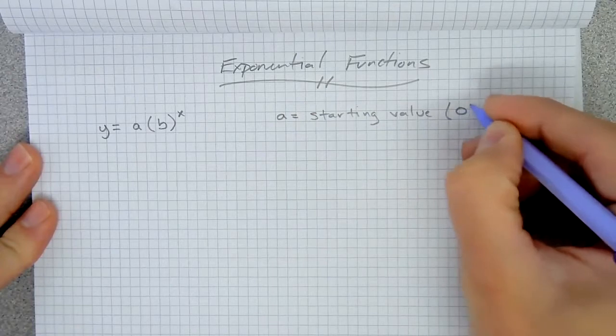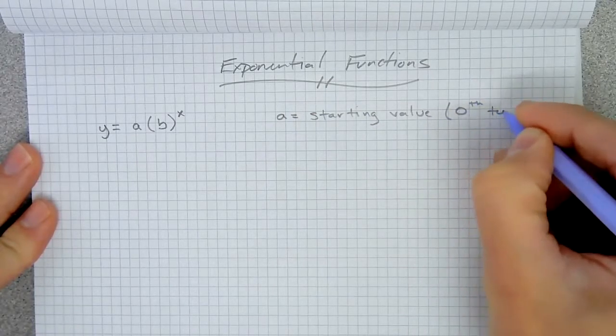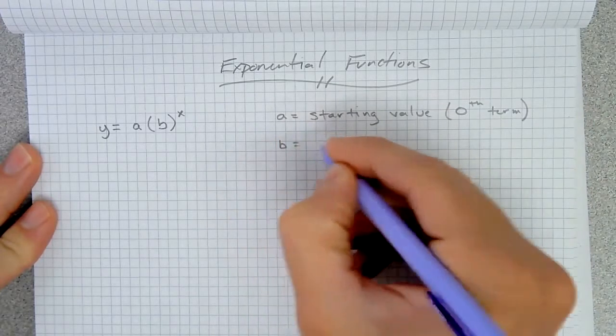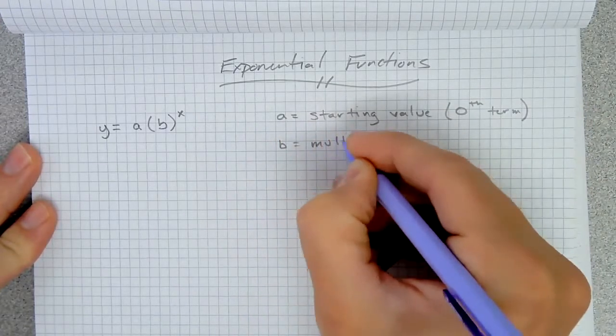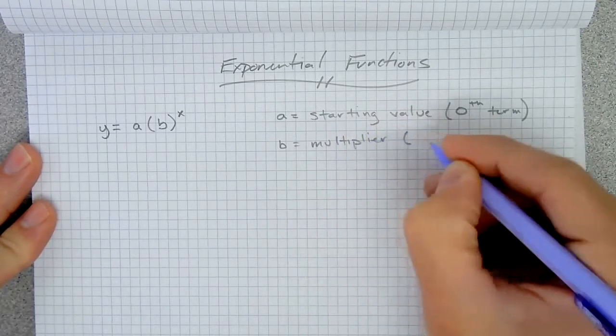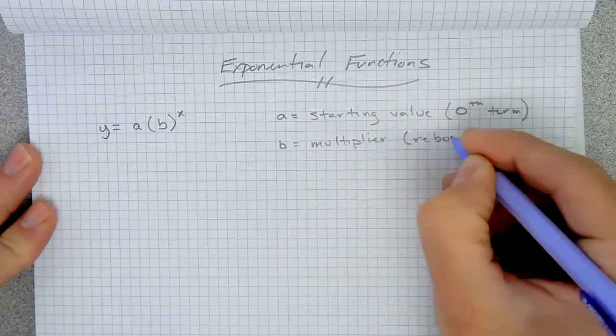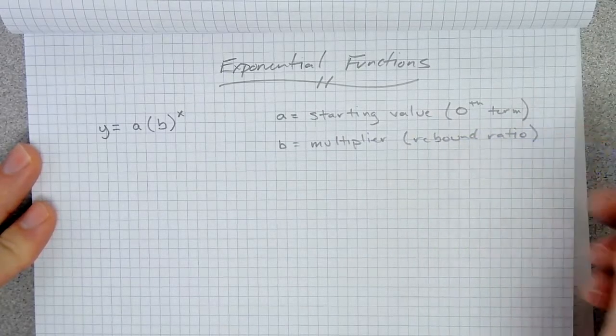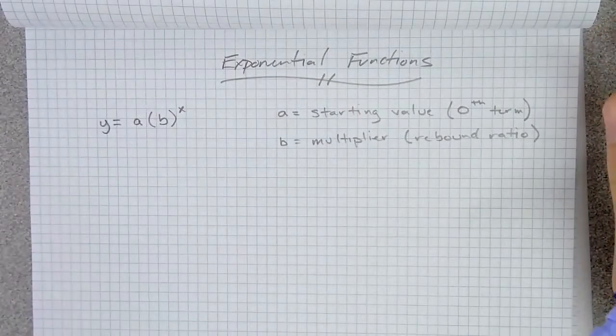Okay, it'll also be referred to as our 0th term. And b is going to be our multiplier, which for today is also our rebound ratio.